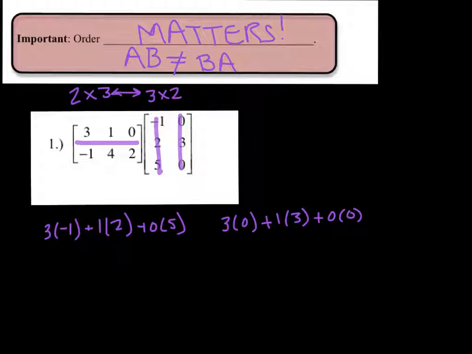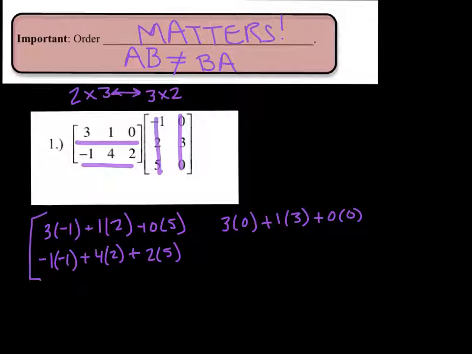Now we have to do our second row times both of the columns. So -1 times -1 plus 4 times 2 plus 2 times 5. And if you do this in your head, it's absolutely fine.